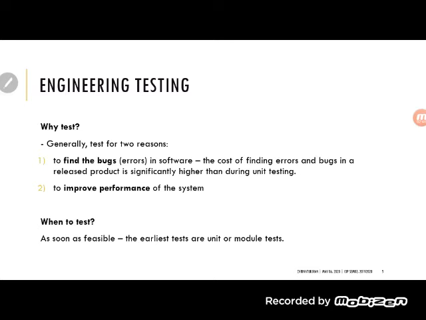First, to find bugs or errors in software, where the cost of finding errors and bugs in a released product is significantly higher than during unit testing. The earlier a bug is found, the less expensive it is to fix. Second, by performing testing, the performance of the system is enhanced. For example, finding and eliminating errors in code and inefficient code can help ensure that the software uses the full potential of the hardware.